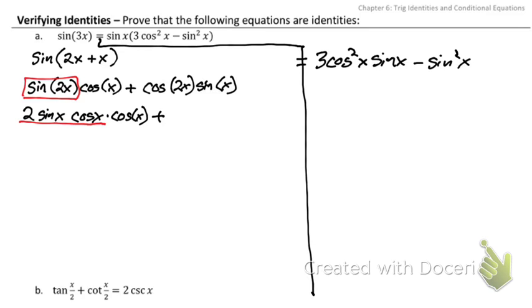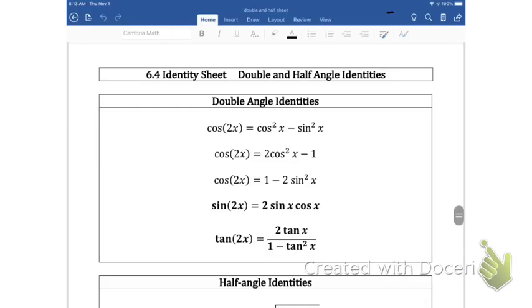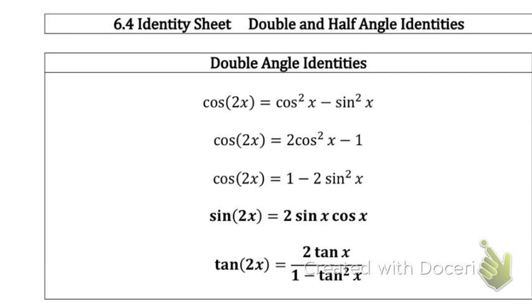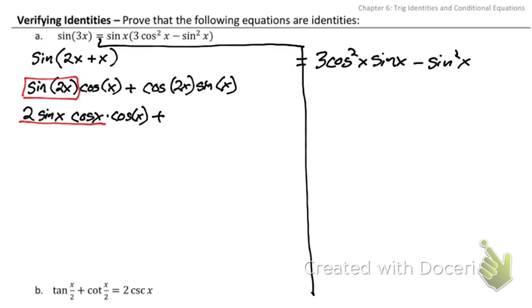Now you have to have forethought. This cosine 2x, we can either write it as 2 cosine squared x minus 1, or we can write it as 1 minus 2 sine squared x, or we can write it as cosine squared minus sine squared.